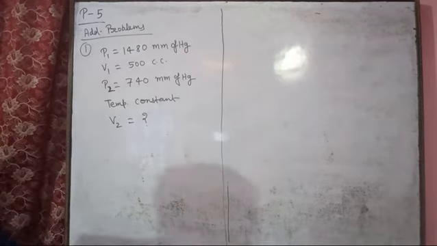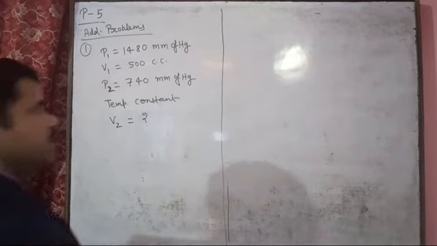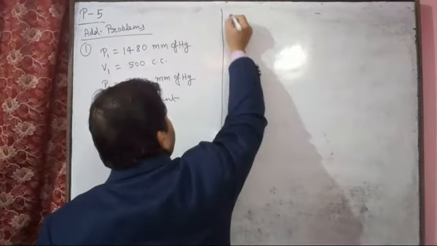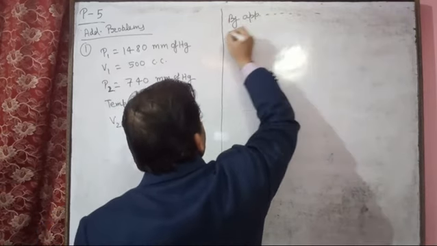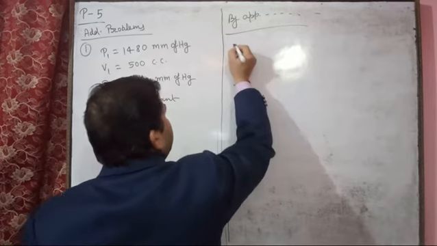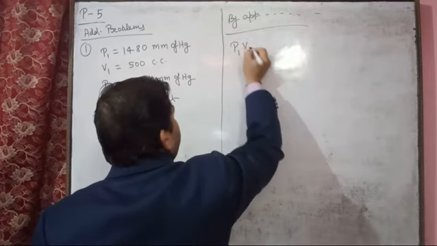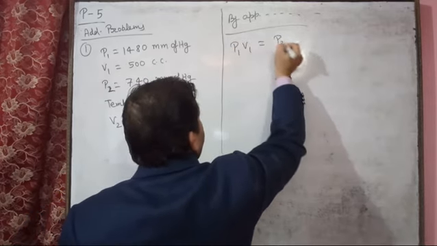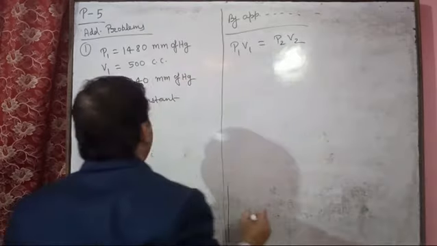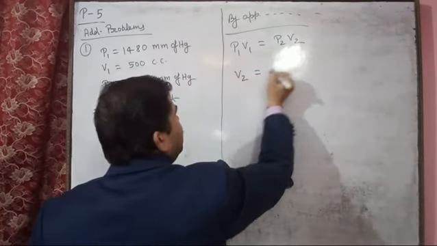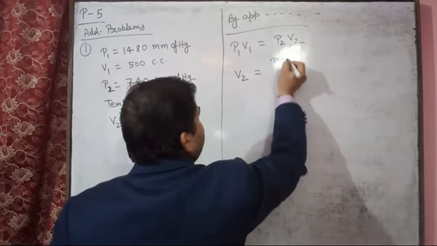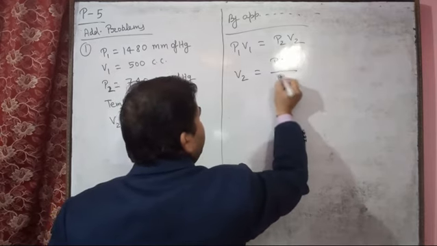In this question the temperature is constant, and constant temperature means Boyle's law. By applying Boyle's law, P1 V1 equals P2 V2. We have to determine V2 here, so V2 equals P1 V1 upon P2.